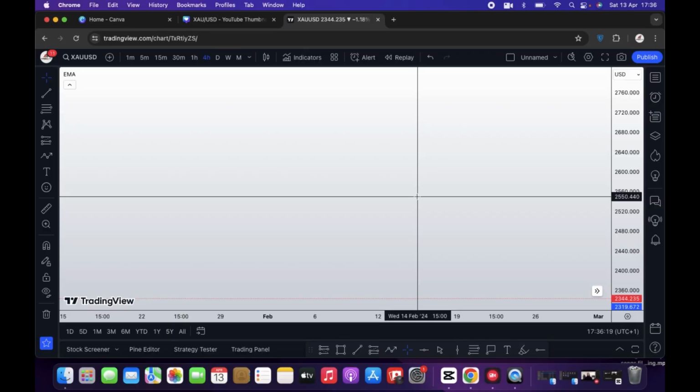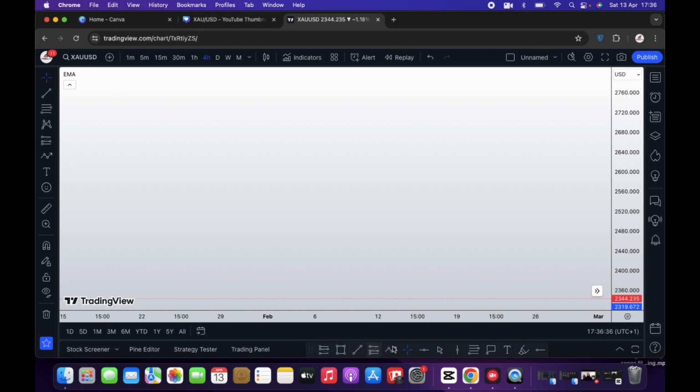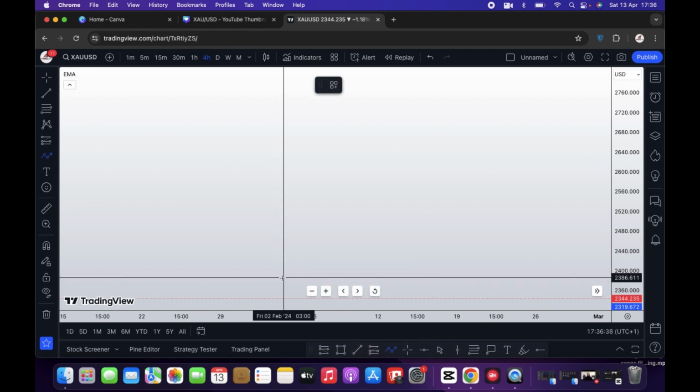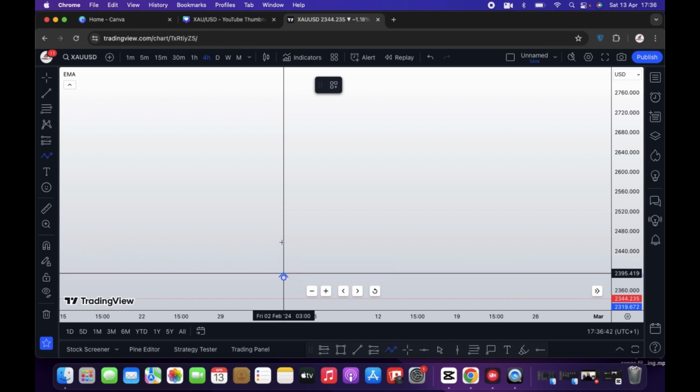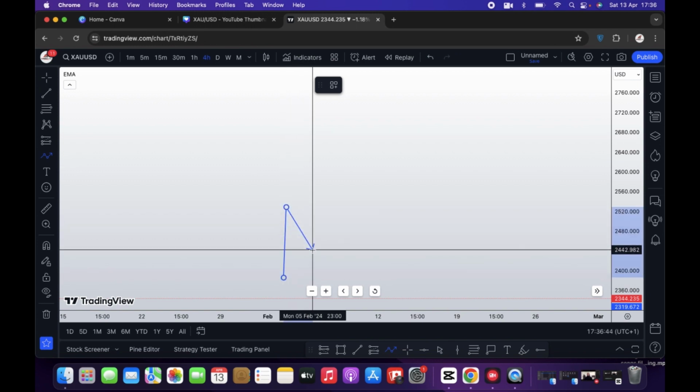So let me teach you guys the strategy. I'm going to do some demonstration here on different patterns the market moves in, or different patterns where you might see this setup. Now we all know that the market moves this way: lower low, higher high, and lower high.